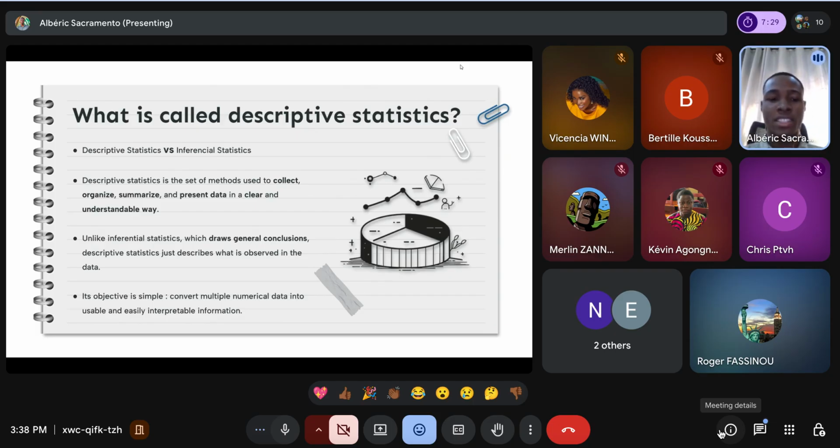Unlike inferential statistics, which draws general conclusions from some deep analysis, descriptive statistics just describes what is observed in the data. Its objective is simple: just convert multiple numerical data into usable and easily interpretable information. That is known. What terms should we know imperatively in statistics?